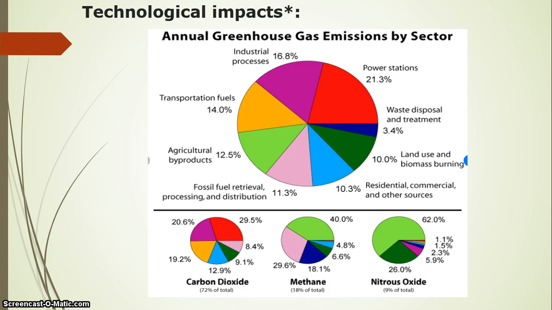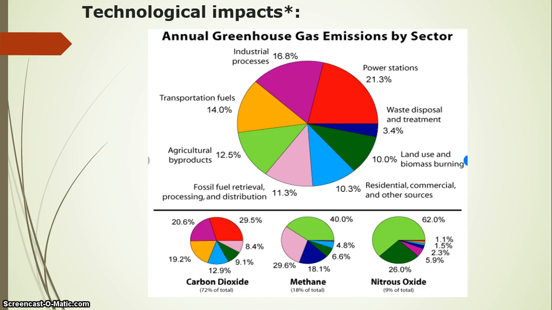So number one is power stations. These power stations contribute approximately 21.3% of the greenhouse gases put into the atmosphere.